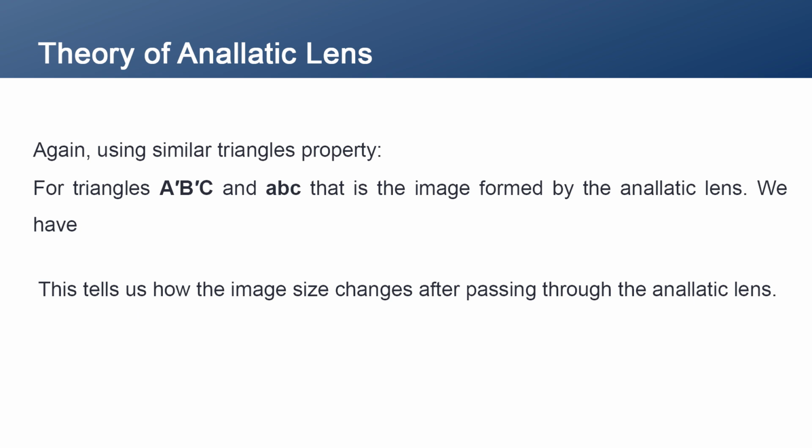Again, using the similar triangles property for the triangles A dash B dash C and ABC, that is the image formed by the analytic lens, we have I by I dash is equal to small f2 by small f1. This tells us how the image size changes after passing through the analytic lens.